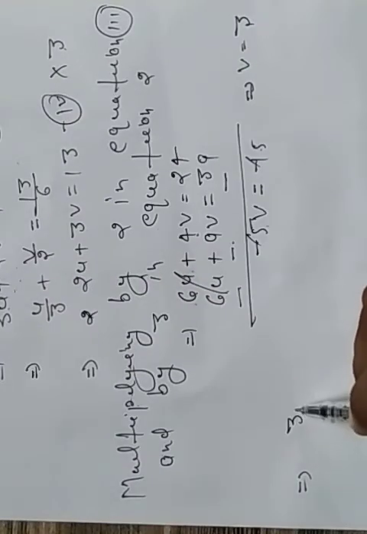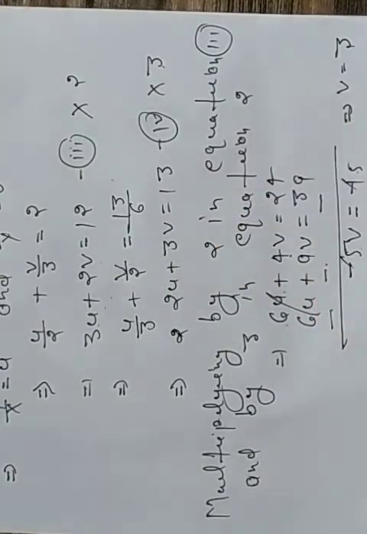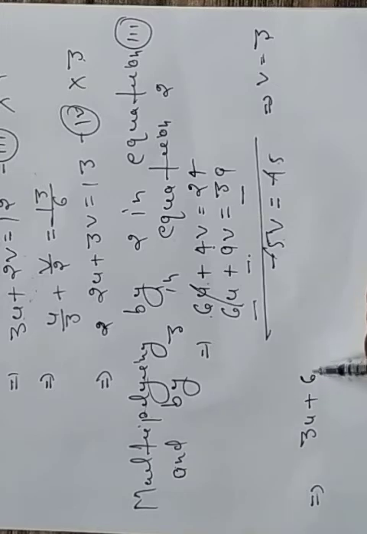3u plus, in the place of v put 3. So 3 times 3 is 9, is equal to 12.